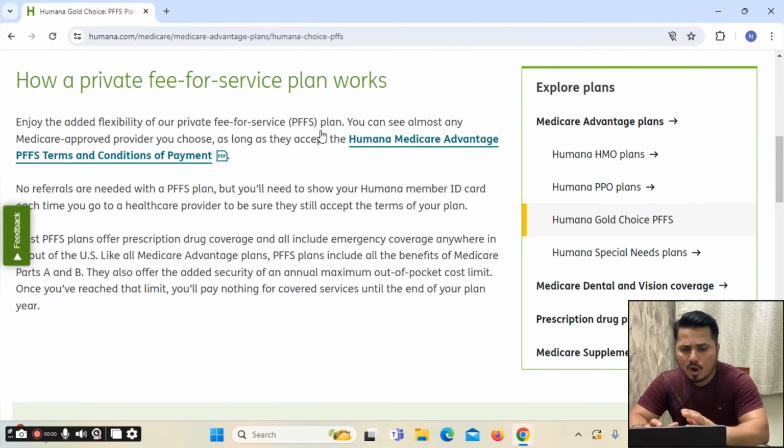Now, how a private fee for service plan works. Enjoy the added flexibility of a private fee for service plan, right? You can see almost any Medicare approved provider you choose as long as they accept the Humana Medicare Advantage PFFS terms and conditions of payment, guys.